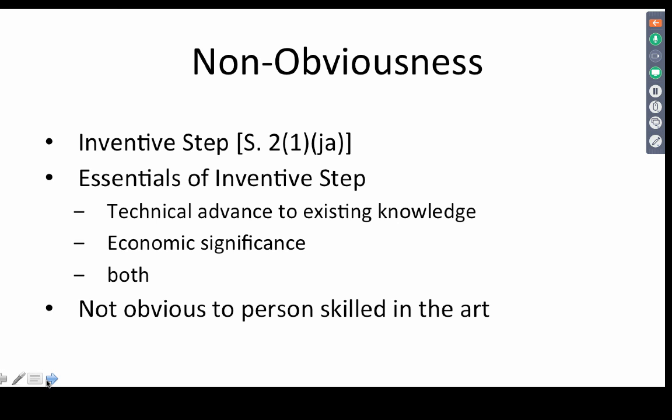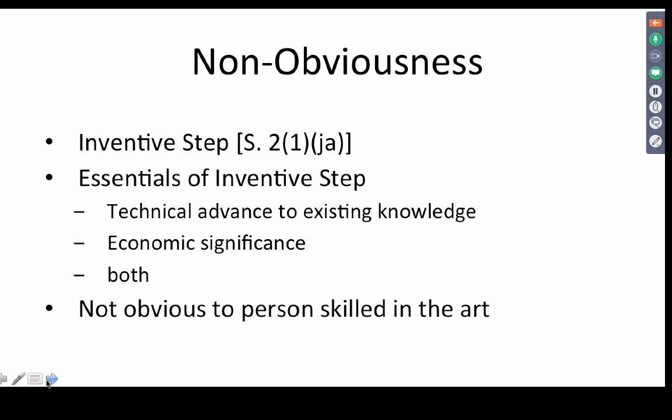Now, these two requirements, I must tell you, are not the classic requirements. Before the Patent Act was amended, before 1995, we did not have technical advance over existing knowledge or economic significance as part of the definition of inventive step. It was introduced later in Section 2(1)(ja). You can see the amendment and the date on which it was amended. It was not there before.